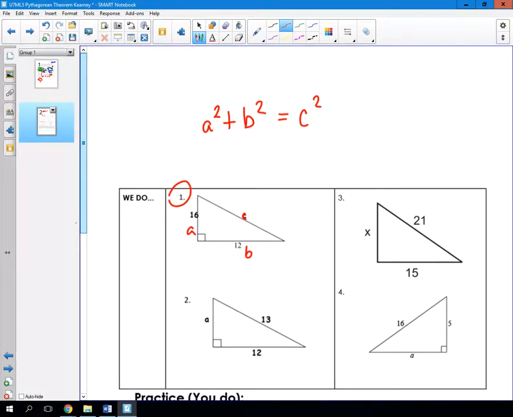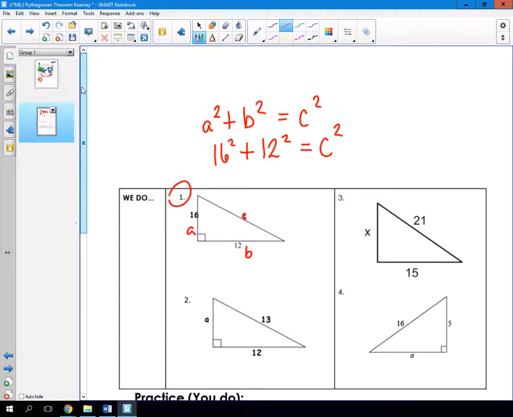So if I take the length of A, which is 16, and I square it, so 16 squared, plus I take the length of B, which they've given me, and I square it, so 12 squared, that should give me the hypotenuse squared. Okay, so all I now need to do is simplify and solve my equation for C. Do you see how we're going to be solving equations with squares and square roots? Like what we've been doing in class?